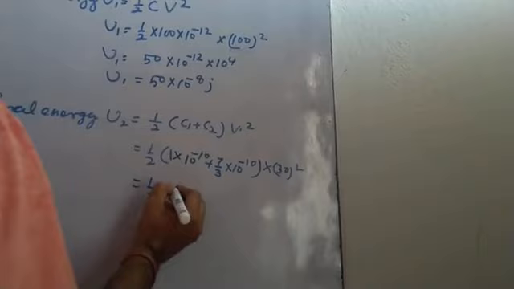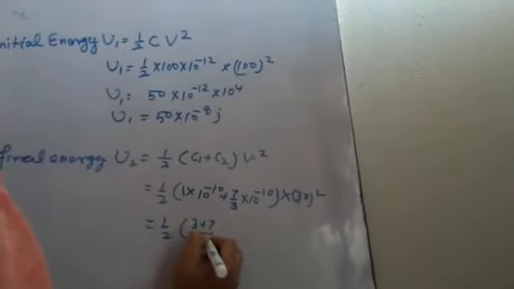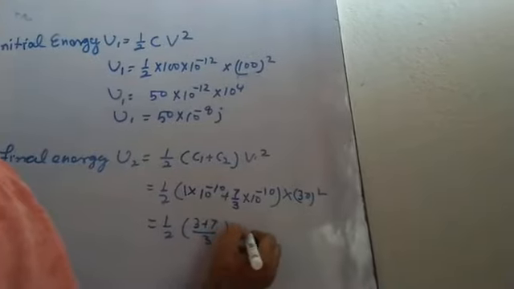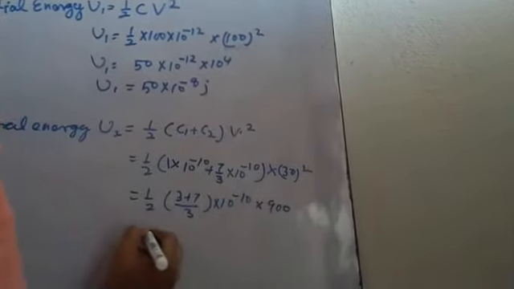Then 1 by 2, this becomes 3 plus 7 by 3 into 10 power minus 10 into 900.